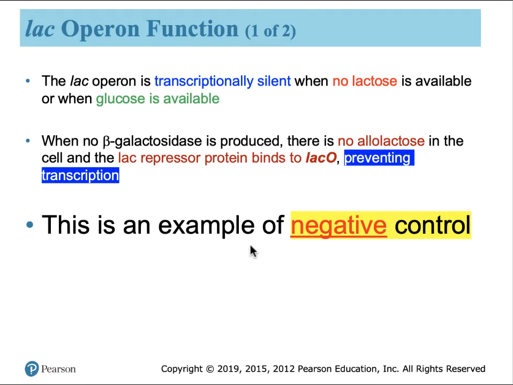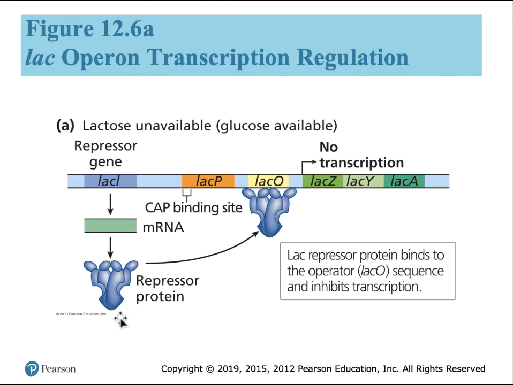Once again, when something is blocking the DNA by binding to it, we call that a negative control system. The all-important protein is the Lac repressor. Here it is with two binding domains. On top we have the DNA binding domain, and on its sides we have the allolactose binding sites.